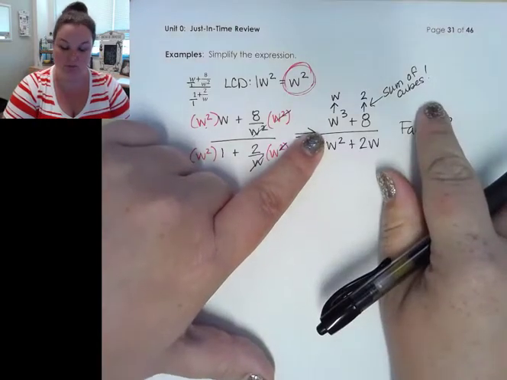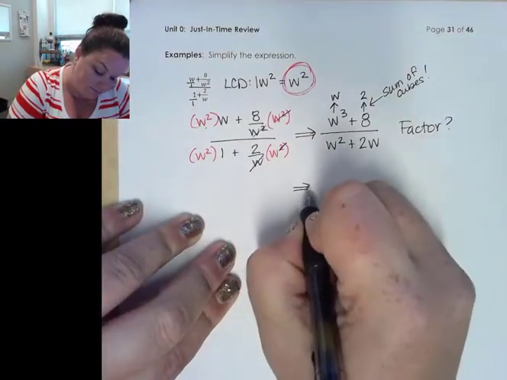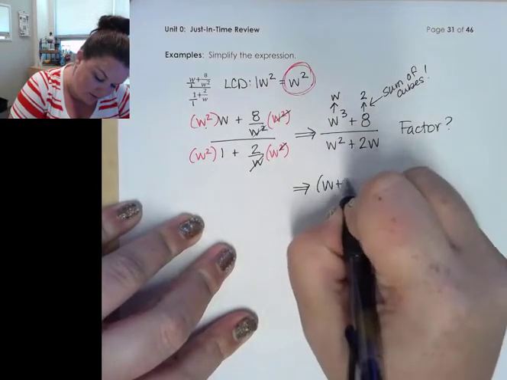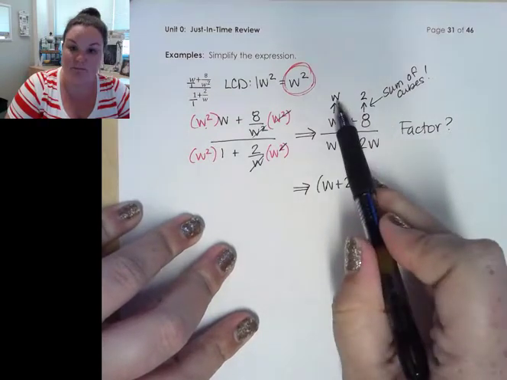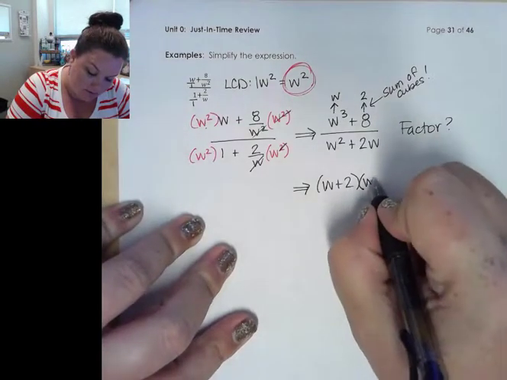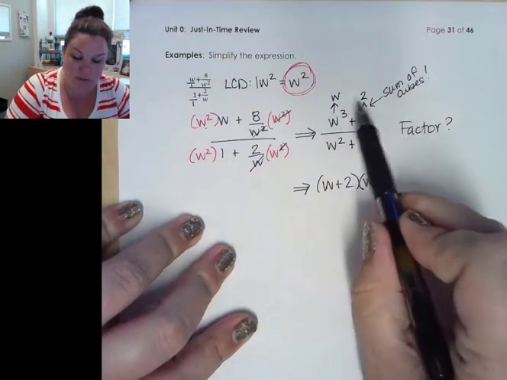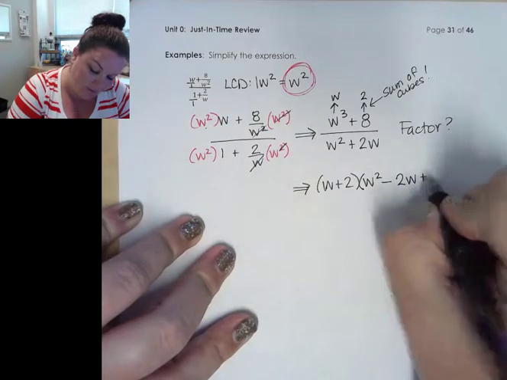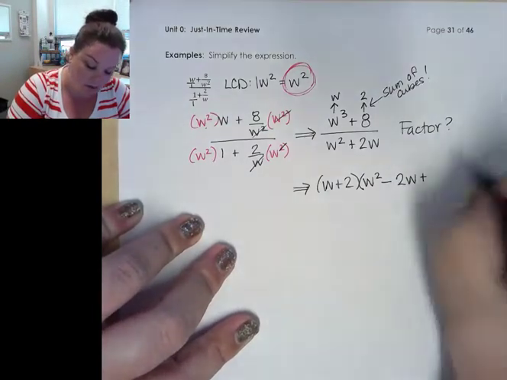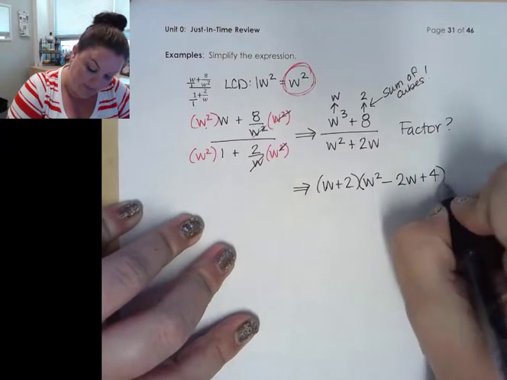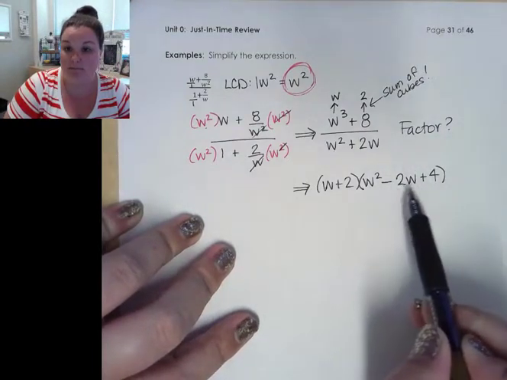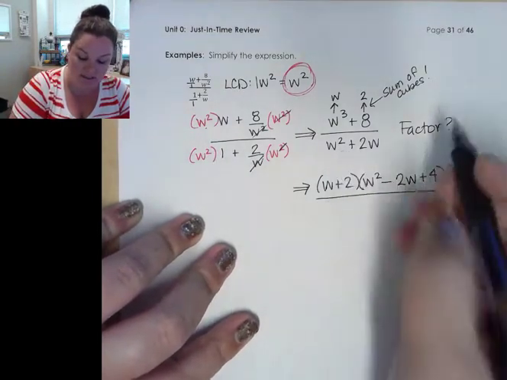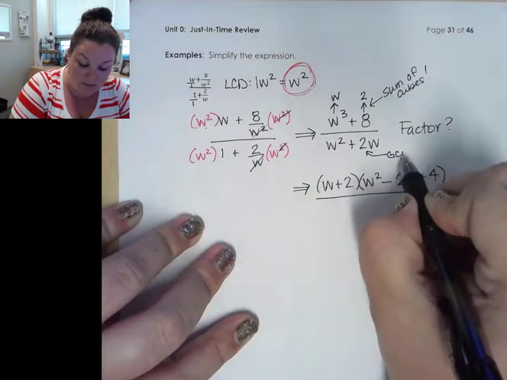And our sum of cubes formula says that we do our first base plus our second, so w plus 2, times our first base squared, so w squared, minus our 2 bases multiplied together, so w times 2 is 2w, plus my second base squared, so 2 squared is 4. Okay, and remember, this one's now prime, right? I can't factor that any further. And then on bottom, the first thing I always look for is the greatest common factor.